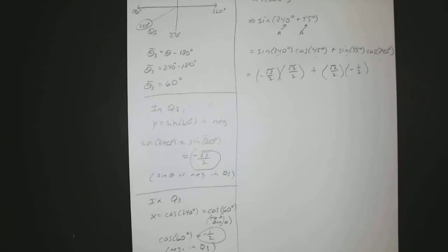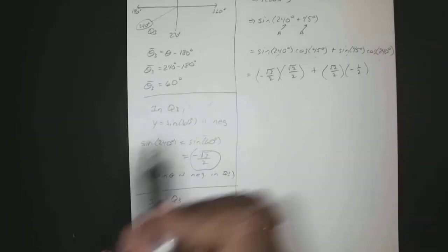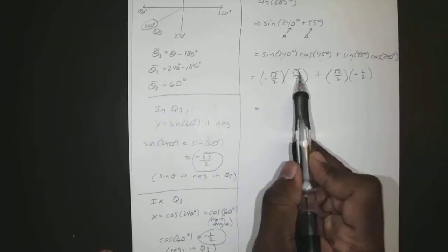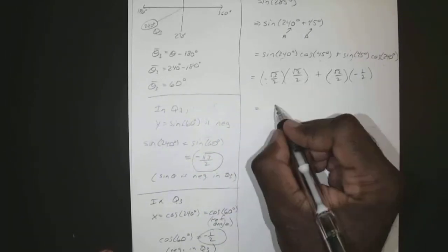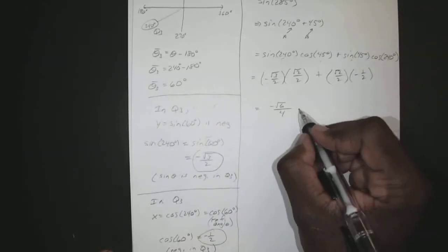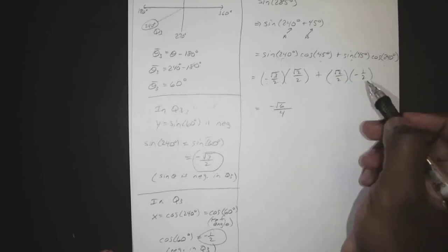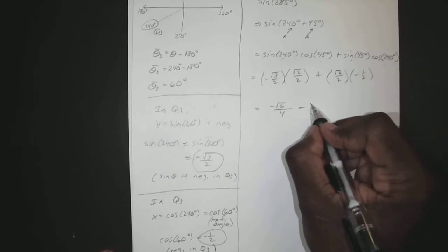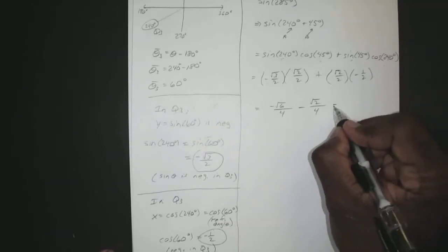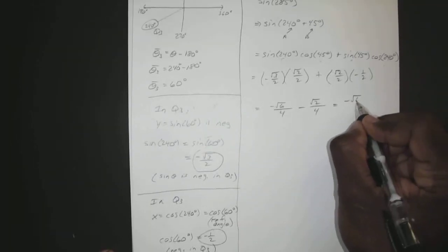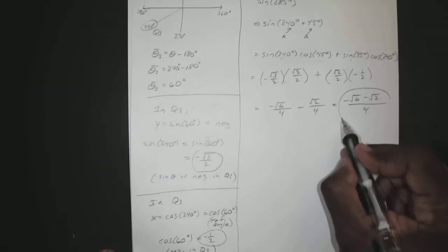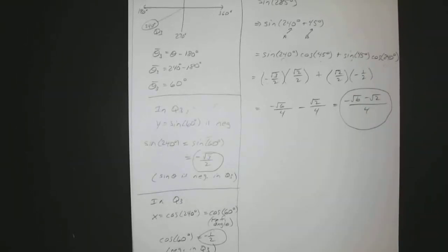Okay. So once again, we just combine our terms and simplify. Square root of 3 times 2, that's going to be negative square root of 6 over 4. 2 times 1 will be minus square root of 2 over 4. So this one will be negative square root of 6 minus square root of 2 over 4 as our exact value.